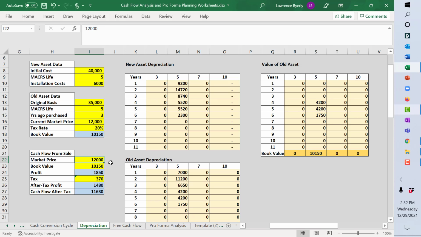We're going to receive $12,000, but we're going to have to pay $370 in tax. So the actual net cash flow is $11,630. So that is the increase in cash to the company for selling this particular asset.